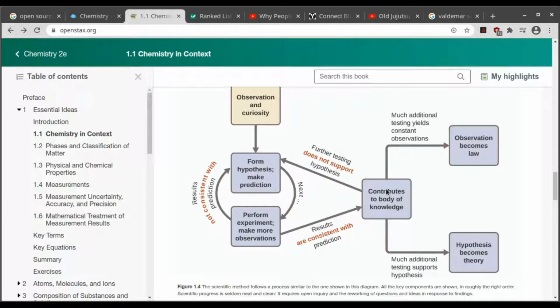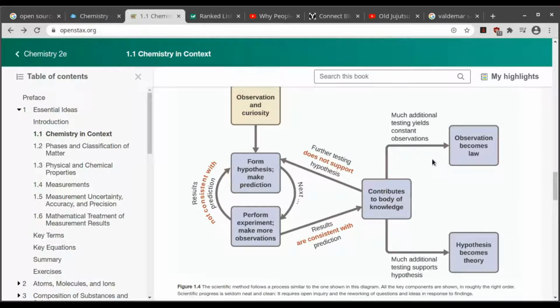Law and theory are very interrelated, but it's observation that becomes law, meaning you're going to see the same thing happen again. And the hypothesis becomes a theory, meaning that you're getting stronger reasons to accept the hypothesis as being true.